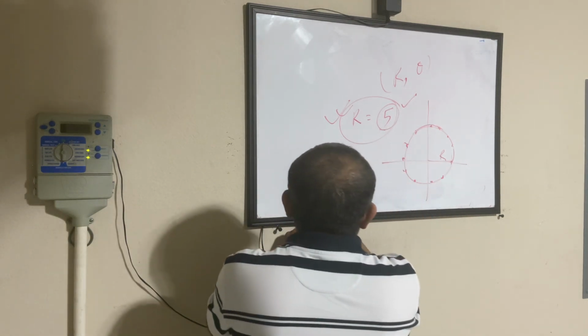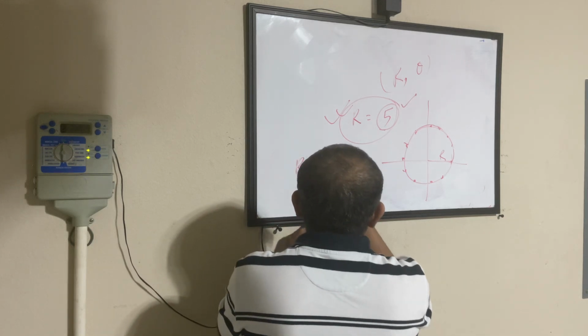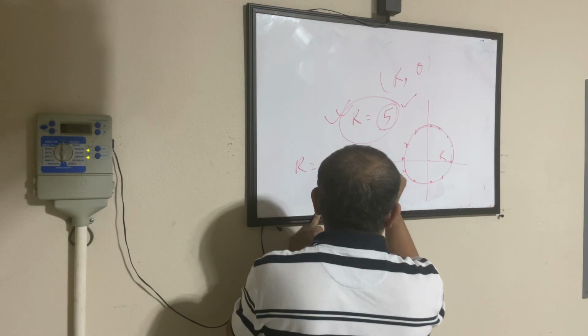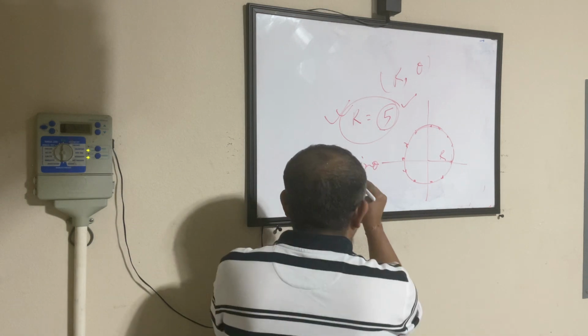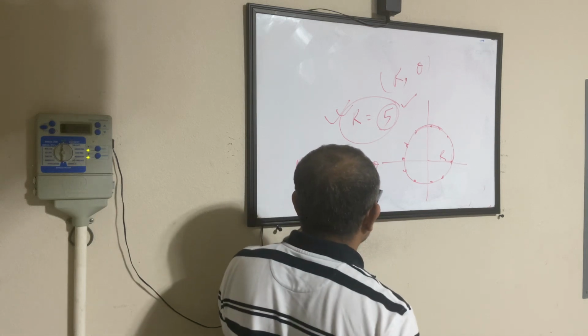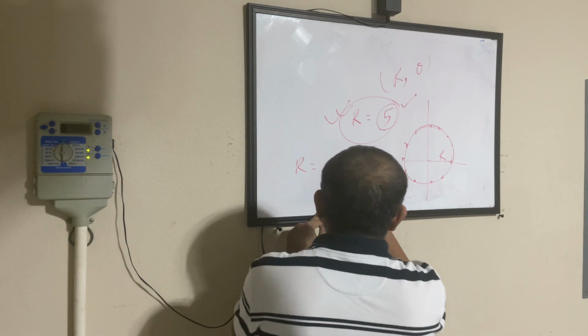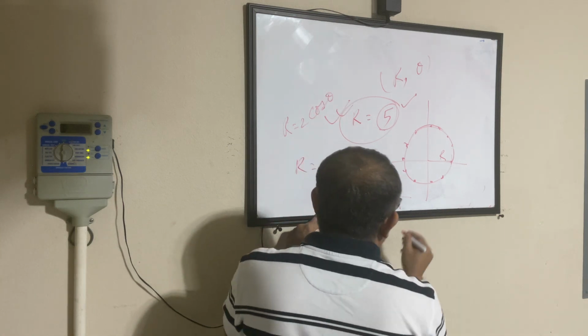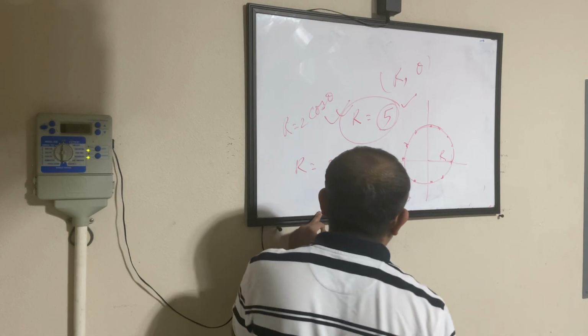If I say r equal to 3 sin theta, I will plot it this way. If I say r equal to 2 cos theta, I will plot it this way.